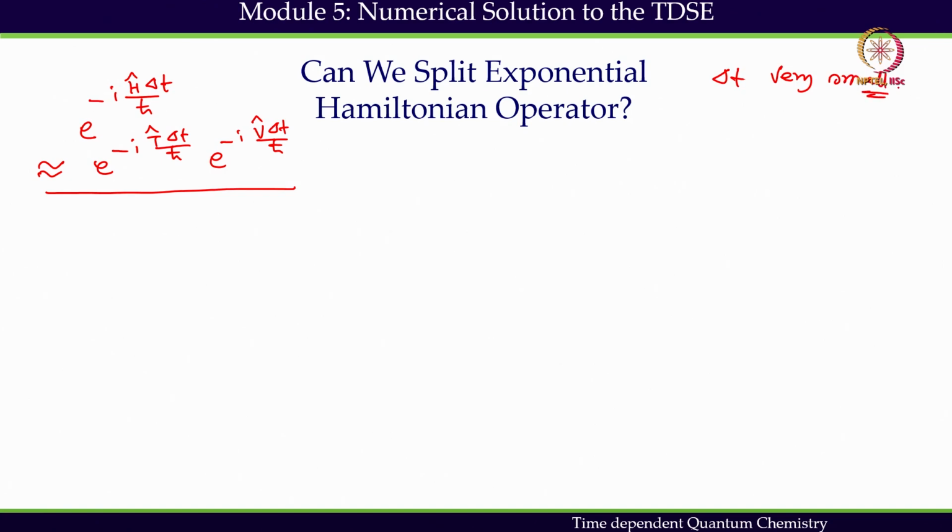So, first let us prove this one, that what will happen if I split it directly. If we split it directly, I have two operators, let us say a and b.